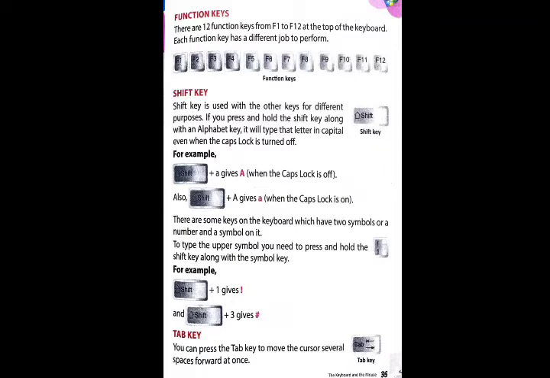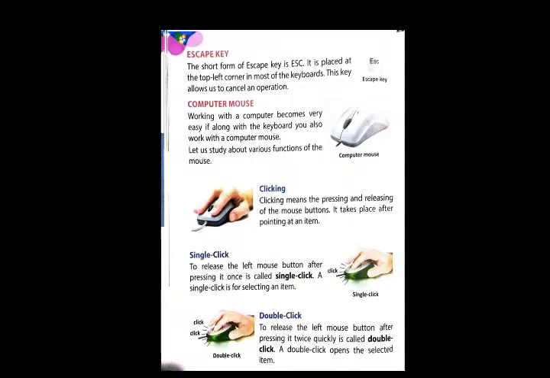Okay, next one is tab key. You can press the tab key to move the cursor several spaces forward at once. Next is escape key, in short form ESC. It is printed on the keyboard as ESC.